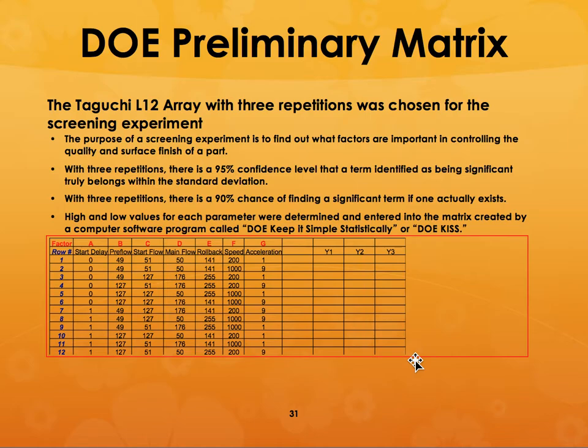We had to do a screening experiment to find out what factors are most important in controlling the quality and surface finish of the part. And you repeat these experiments twice, and there is a 95% confidence level that a term identified as being significant truly belongs within the standard deviation.